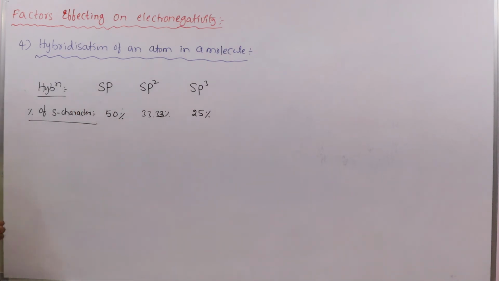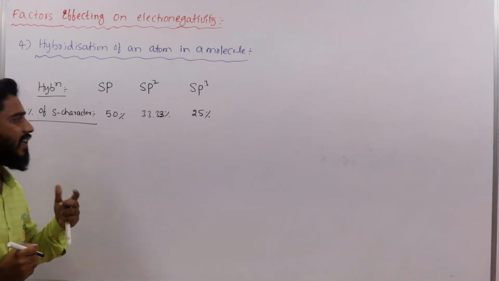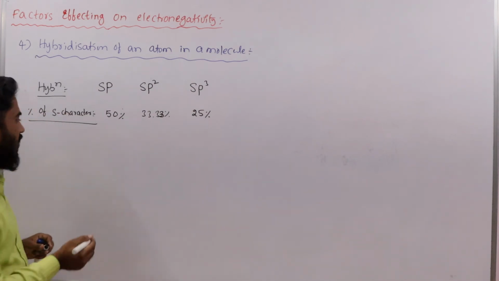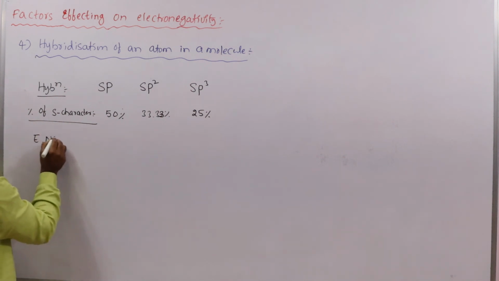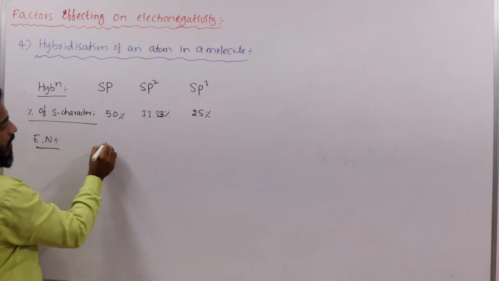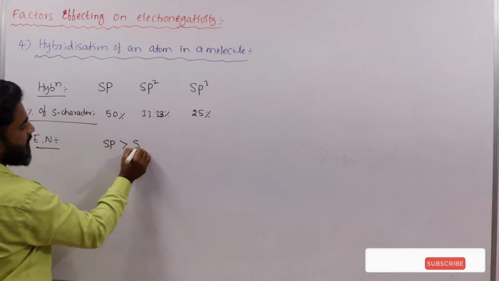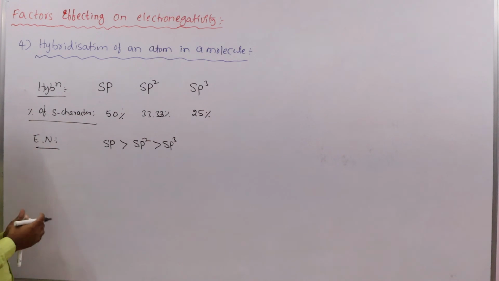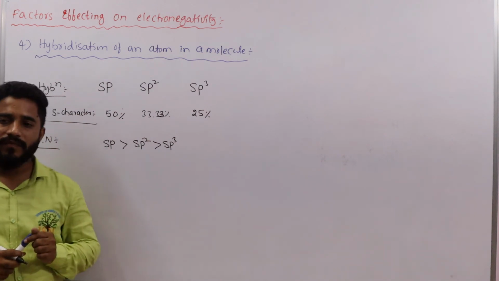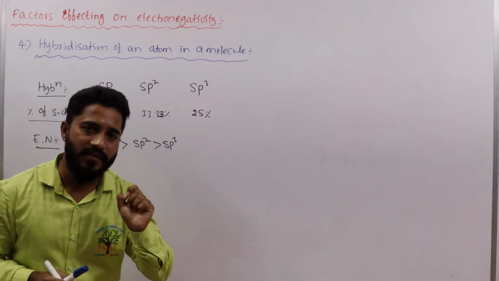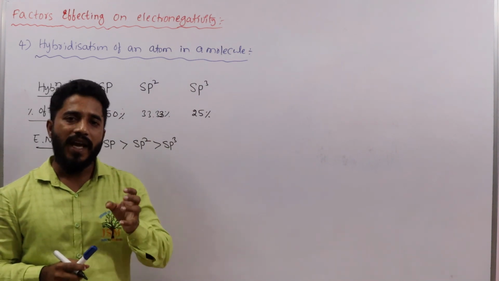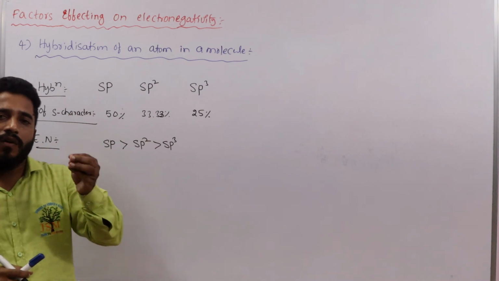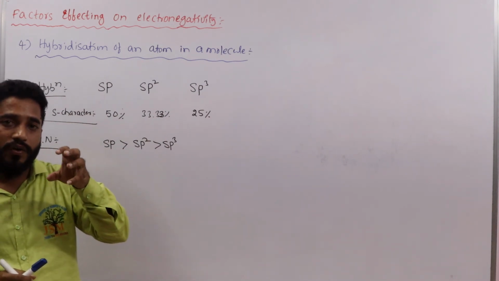We know that as the percentage of s increases, electronegativity increases. Here is the electronegativity order. In sp hybridization, because of the higher percentage of s orbital, and we already know that the s orbital is very close to the nucleus, the closeness of the s orbital to the nucleus is more.